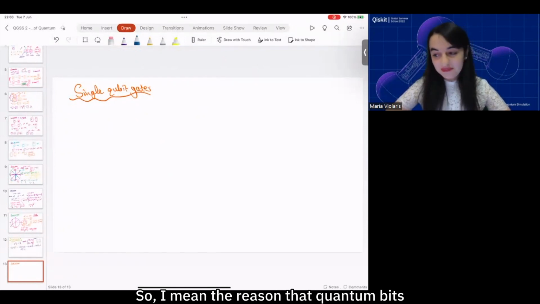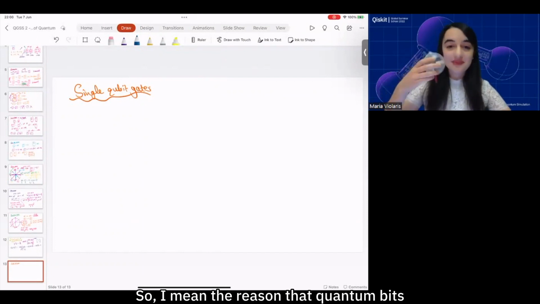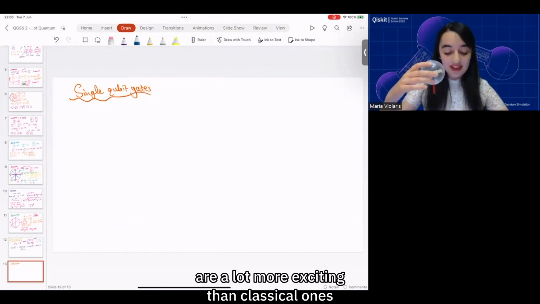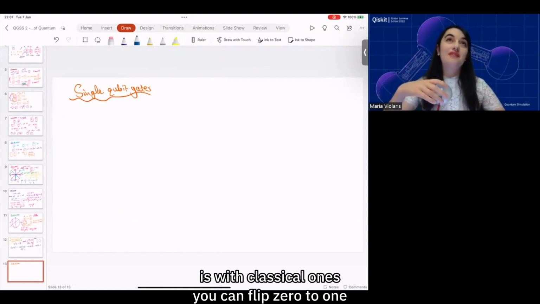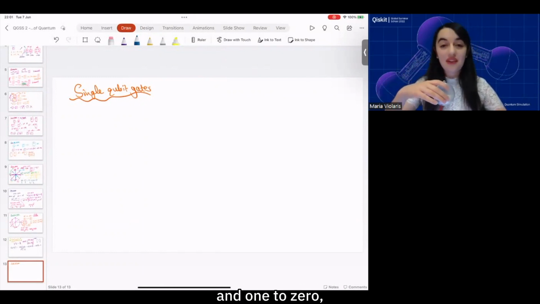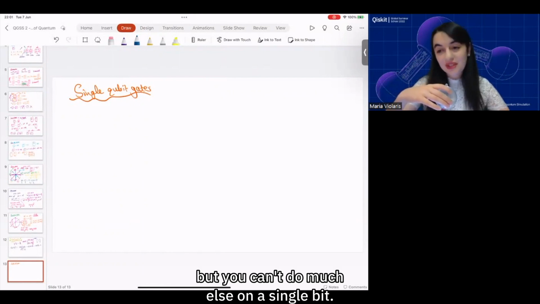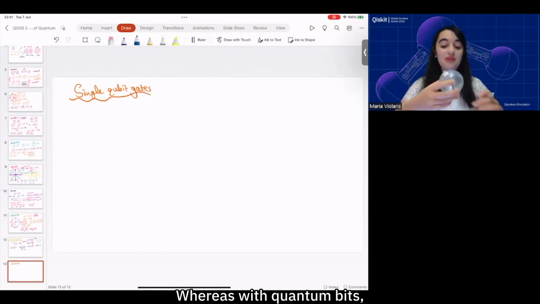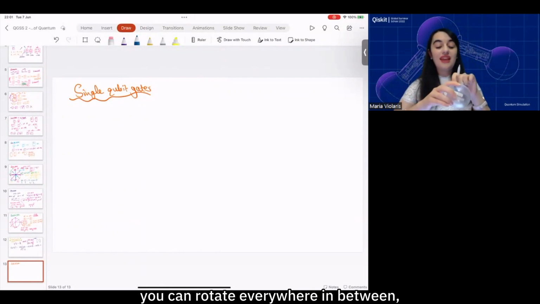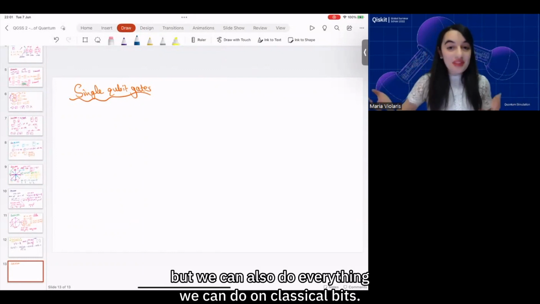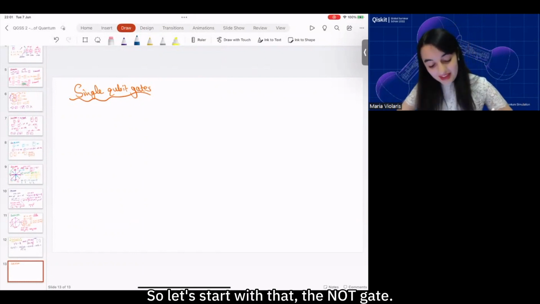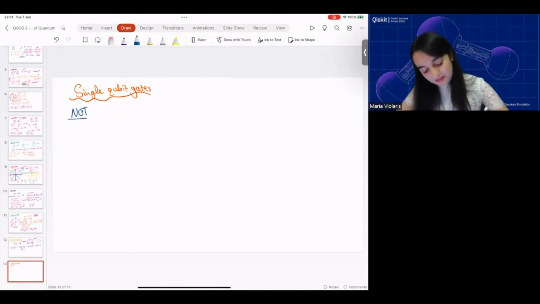The reason that quantum bits are a lot more exciting than classical ones is that with classical ones, you can flip 0 to 1 and 1 to 0, but you can't do much else on a single bit. Whereas with quantum bits, you can rotate everywhere in between. But we can also do everything we can do on classical bits. So let's start with that, the NOT gate.